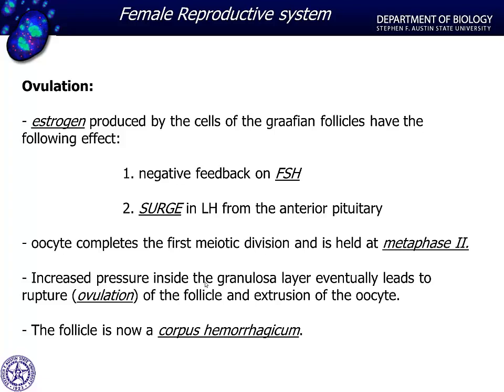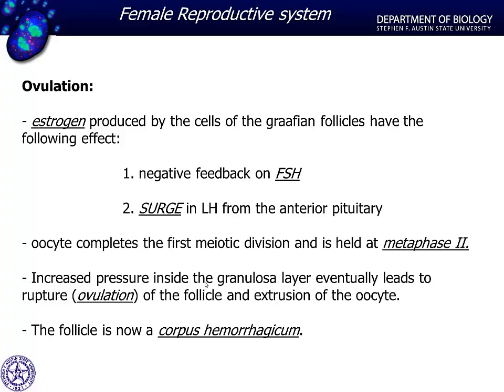This is going to be jettisoned out and propelled out under the force of the liquor folliculi out into the abdominal cavity. However, the fimbria of the oviduct, the ampulla of the oviduct, that's going to be right adjacent to the ovary, and the majority of the time that ovulated follicular unit is going to be projected into the oviduct itself.